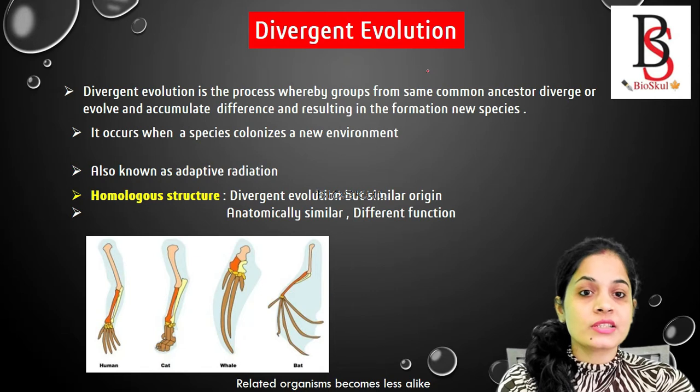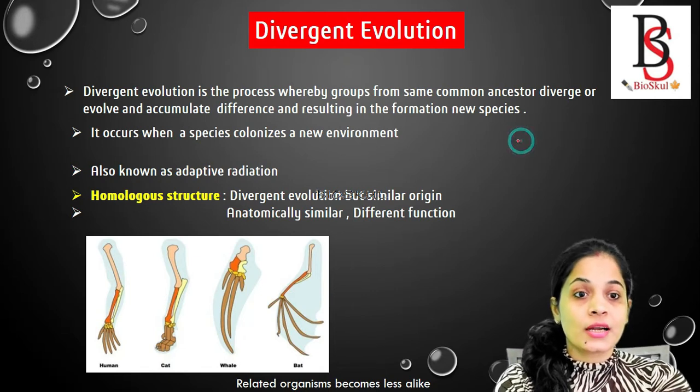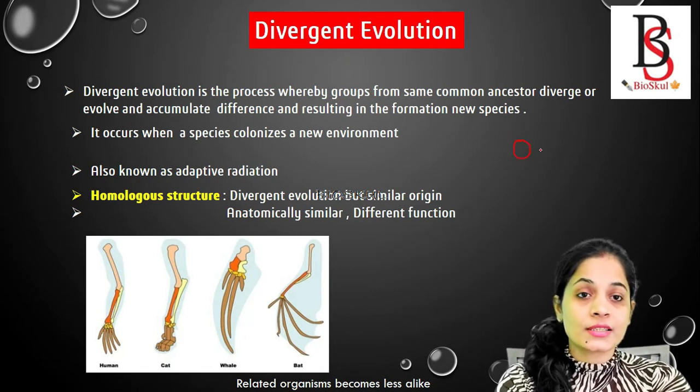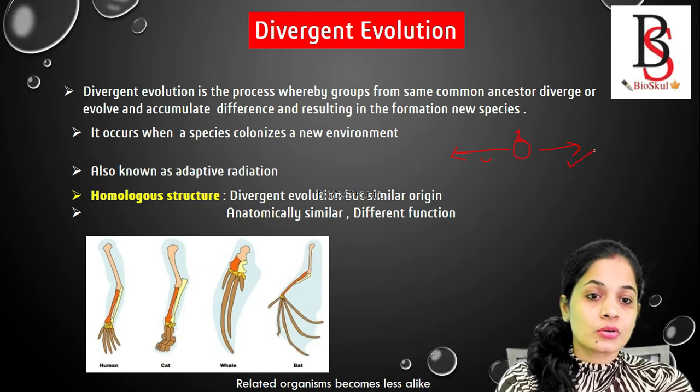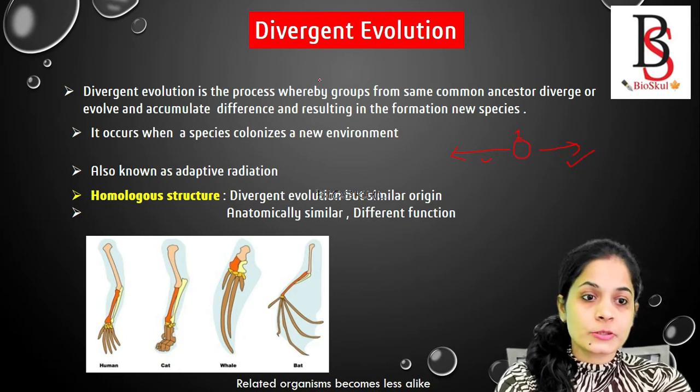So now we'll see divergent evolution. Divergent means to diverge or evolve or radiate apart, right? So this is divergent evolution. A group of organisms have common ancestors. By the gradual accumulation of changes, they evolved into new species, right?